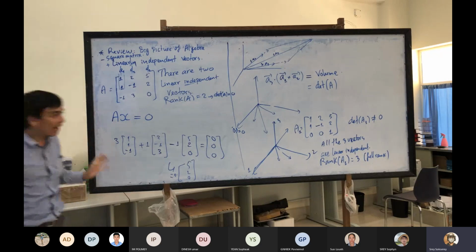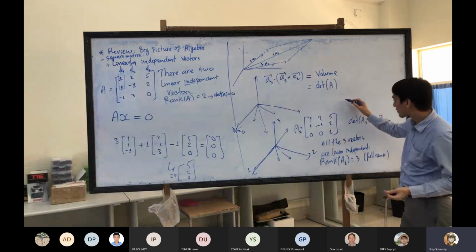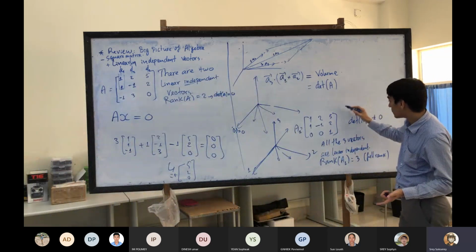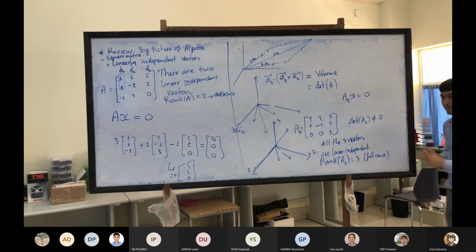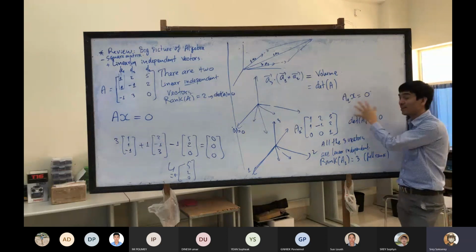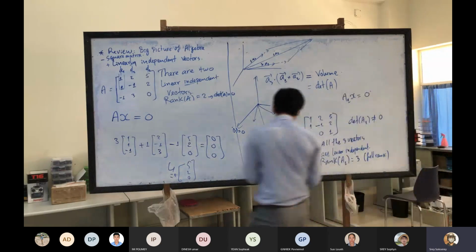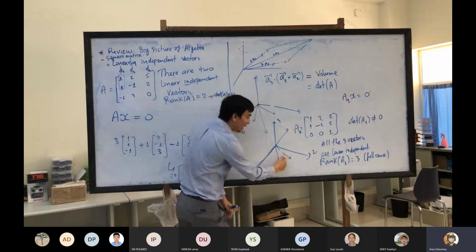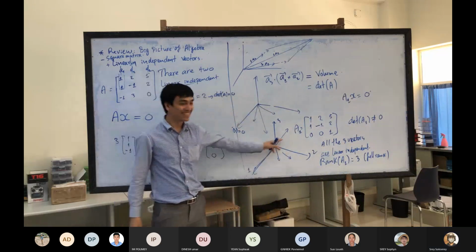How about this case? If I want to solve A1 x equals 0. If you find x that is not 0 and satisfies this equation, because we know that you cannot find a combination of these two vectors to make this vector, right?